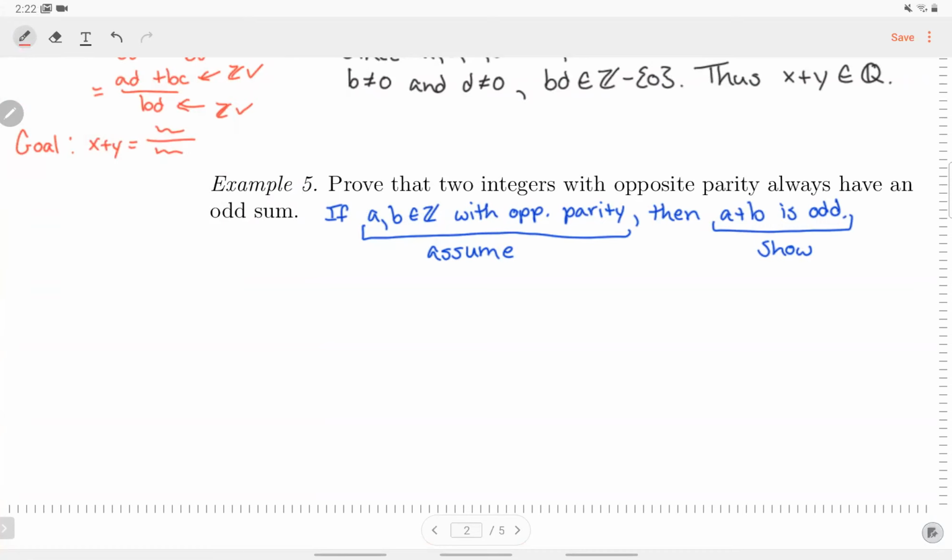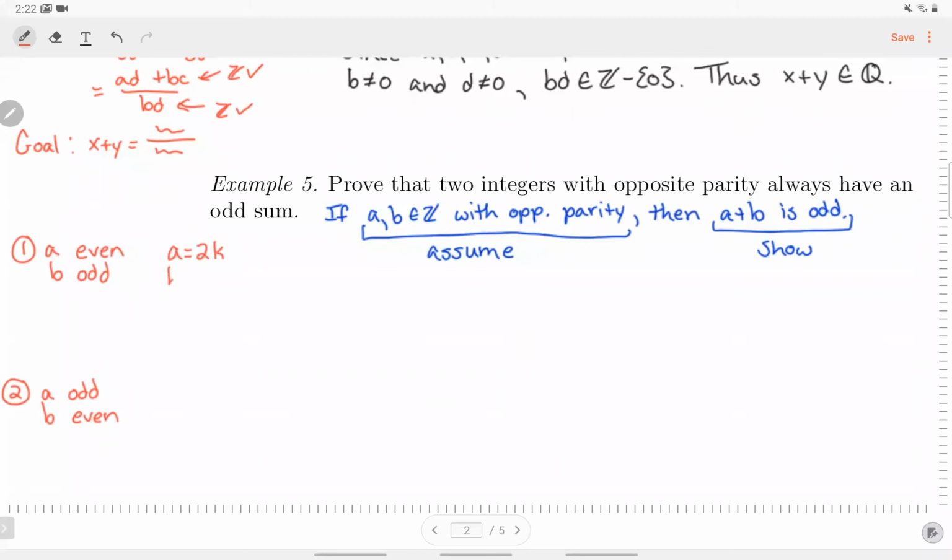Well, a and b having opposite parity means one of them's even, one of them's odd. So let's split this up. So let's say a is even, b is odd. Then we'll do a odd, b even. All right. Well, if a is even, a is 2 times some integer k.